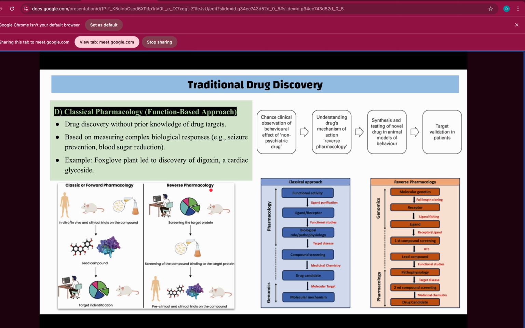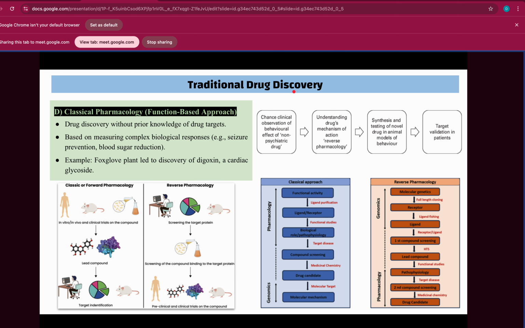And then reverse pharmacology is the opposite, where we know the target protein on which we want to bring an effect, and then we go for the discovery of the lead compound. Here we have clinical observations of the behavioral effect of a non-psychiatric drug.